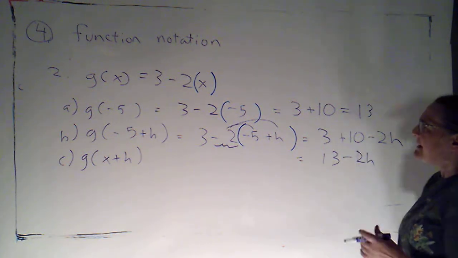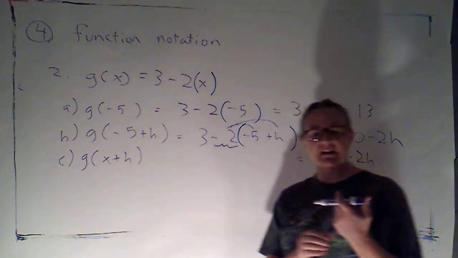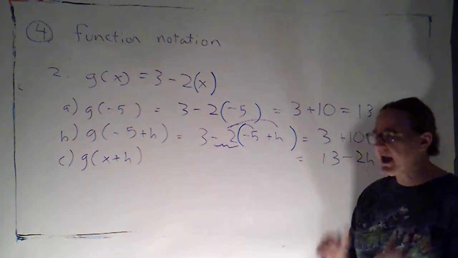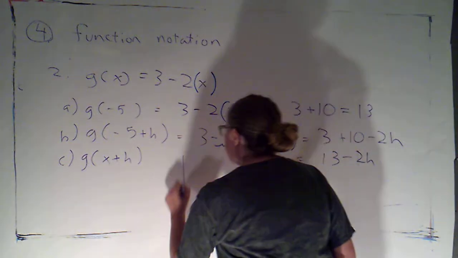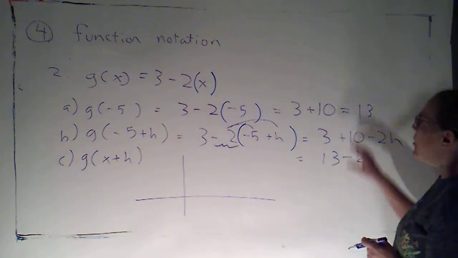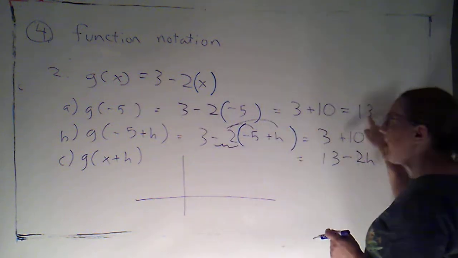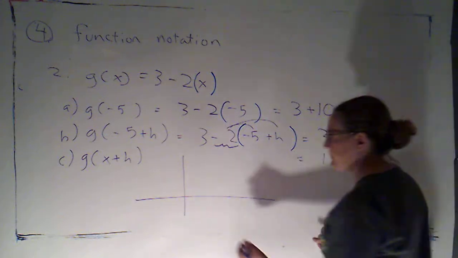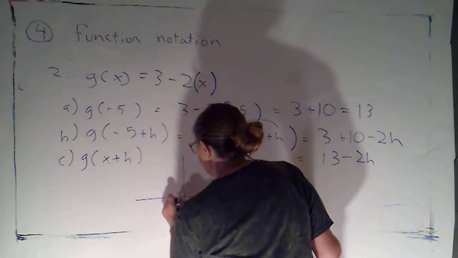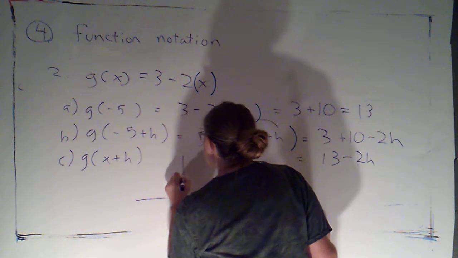All right, now this is the sort of thing you're actually going to see a lot of in calculus. So let's go ahead and address what that means. If I were going to try to graph this function, we've determined that when we plug in -5, we get out 13. Okay, so 1, 2, 3, 4, 5, 1, 2, 3, 4, 5, 6, 7, 8.